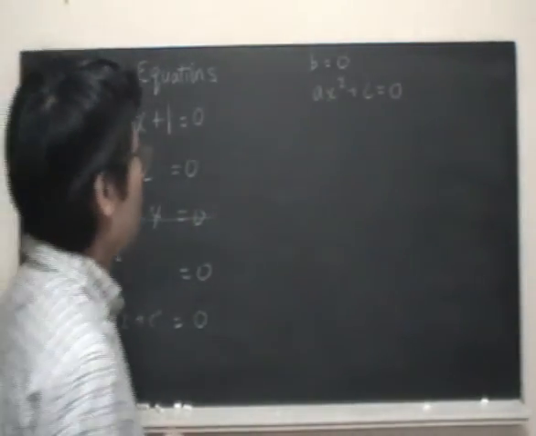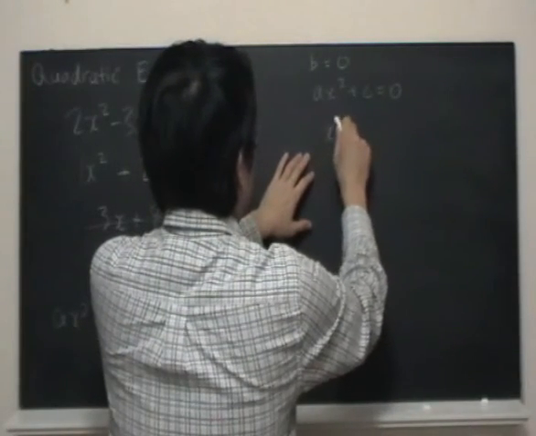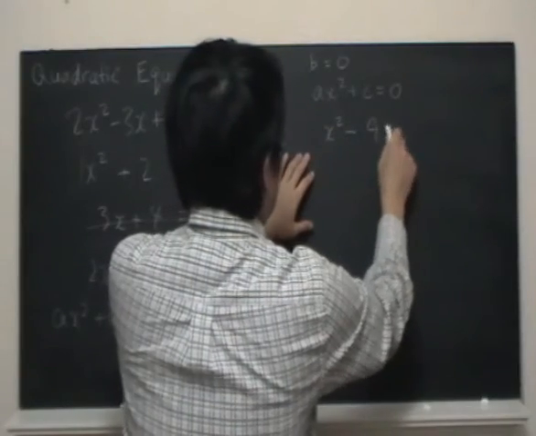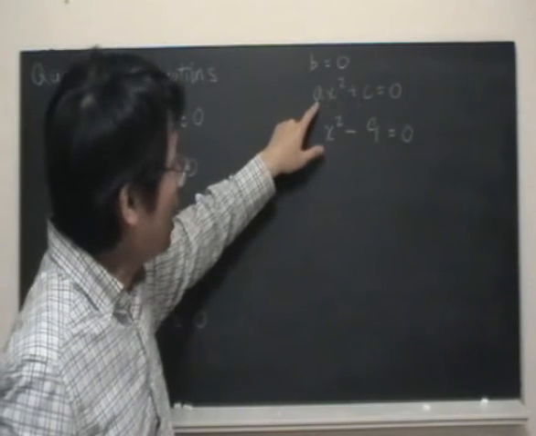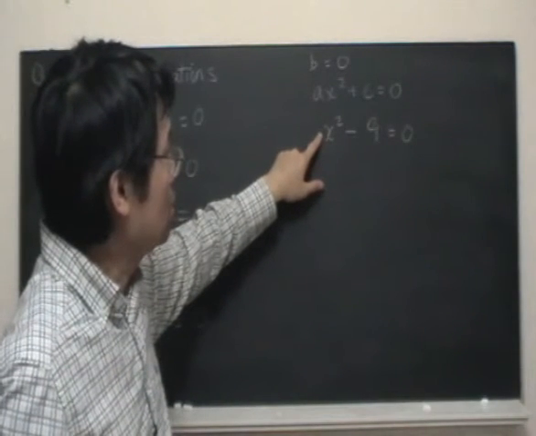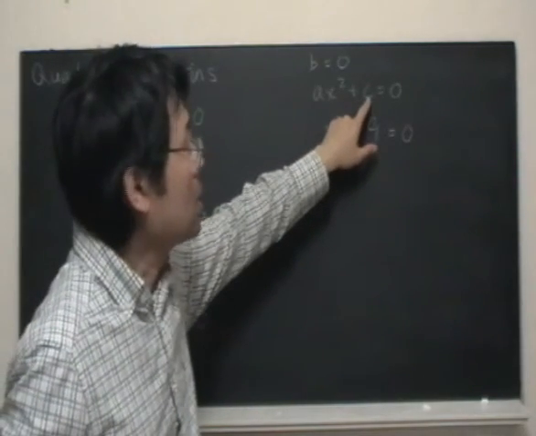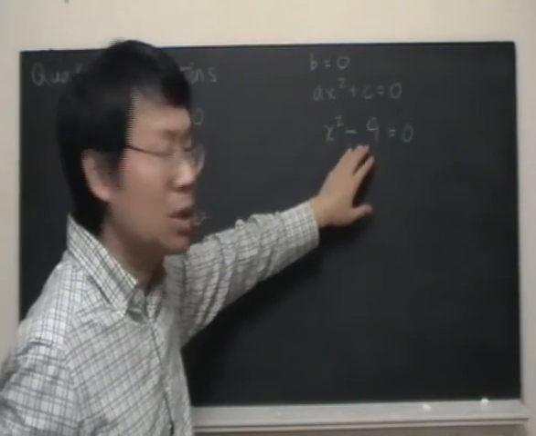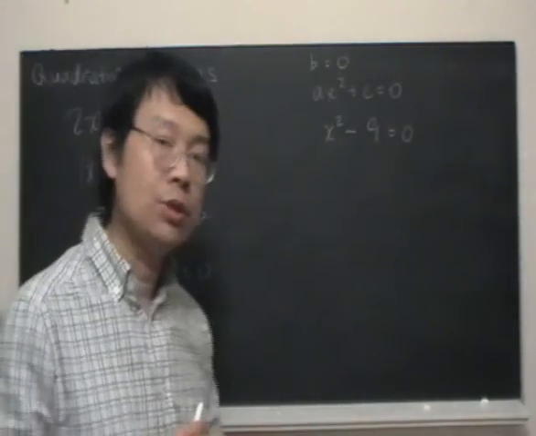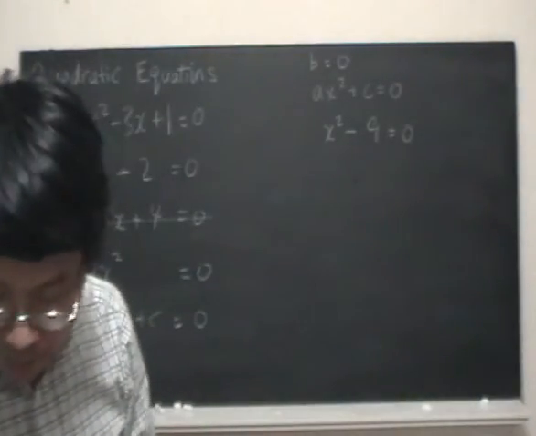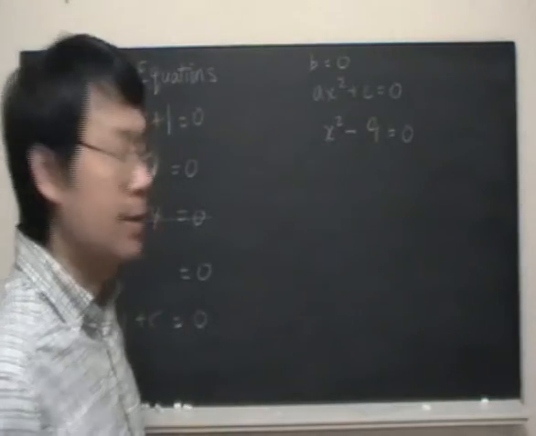So for example, it could look like that. That's an example where the a is 1. So 1 is just 1x squared, which is x squared. And c is minus 9 in this example. So if we have this equation, we can try and find the answer. Let's try.